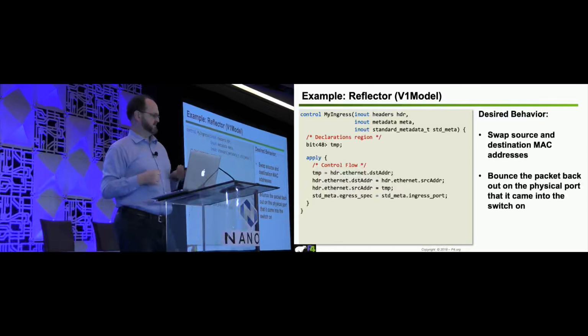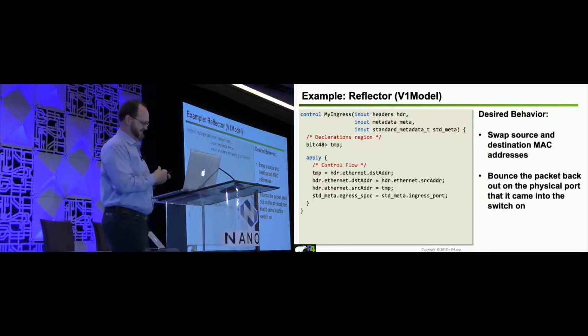We assign the source address into the destination address, then assign into the source address the saved destination address from temp. Then we set the egress spec, the desired output port, to be the ingress port. So there you go: four assignment statements and a temporary variable. You don't want to spend $2,000 for a device that does only this, but here's something you can start with to say, look, Ma, it did something that I made it do.